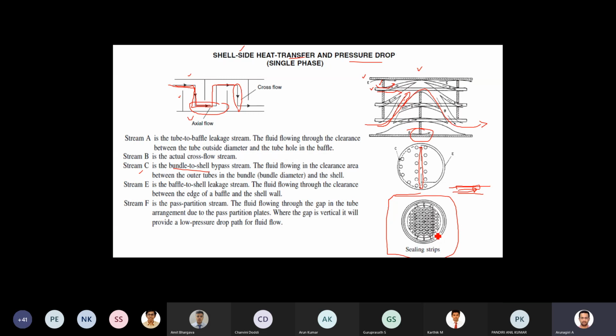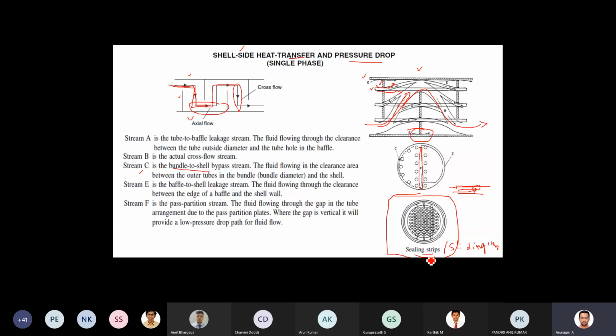Okay. So if you use this pull through type of heat exchanger, then you have to provide the sealing strips, also called sliding strips. The function of sealing strips and sliding strips we have already discussed. Normally it is used to pull the bundle through the heat exchanger shell.